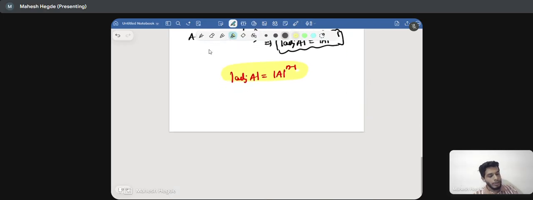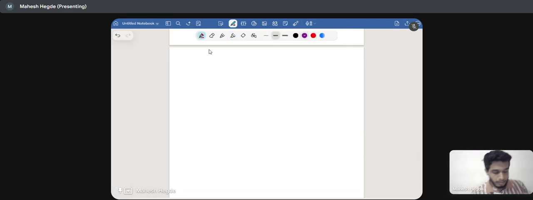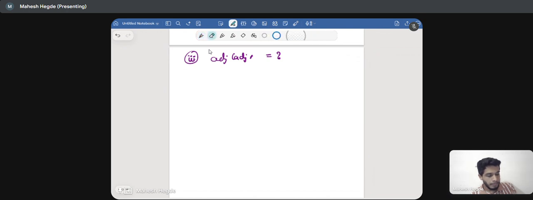Now, moving on to the next result, the third thing we are going to derive is adjoint of adjoint of A. What will be this answer? We are going to see in a minute.